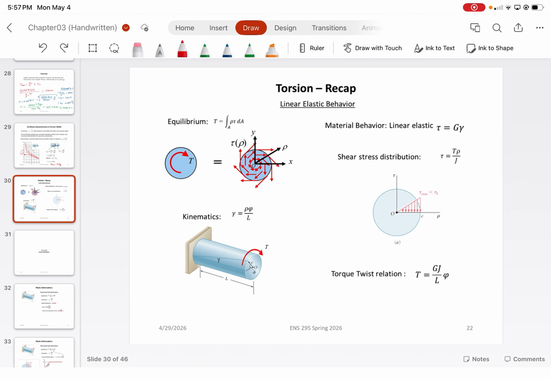All right. So just as a recap for torsion, ultimately the equilibrium is just equal to the sum of all of the shear forces multiplied by their associated moment arm. The integration just becomes the integral of the area times the moment arm of each individual small area multiplied by the shear stress that's felt at that location multiplied by the area of said element that you're considering.